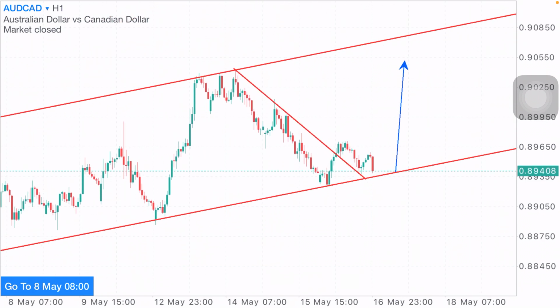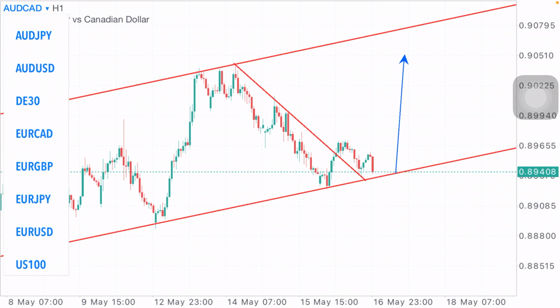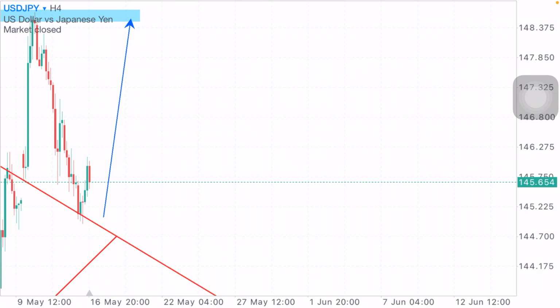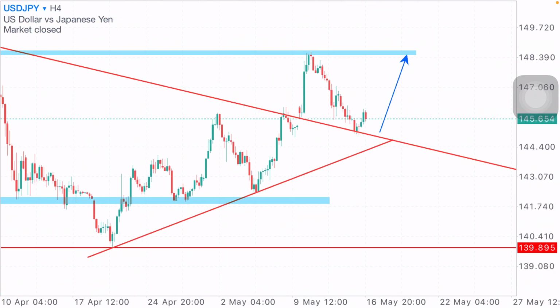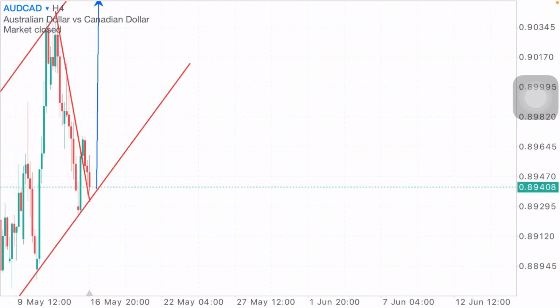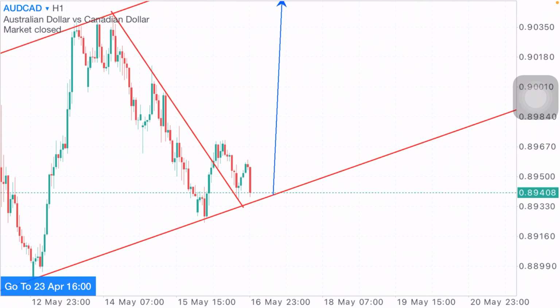Look here. We're looking for buy entries on AUD and USDJPY. We are also looking for buy trades, breakout and retest. Breakout and retest here even.